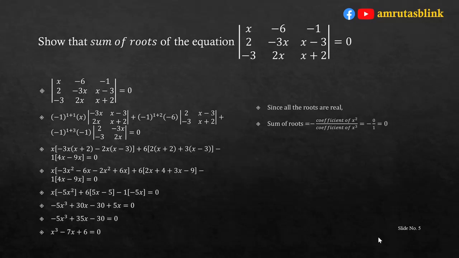Now, in the given expression there is no term of x², hence the coefficient of x² is equal to 0, that is 0 upon the coefficient of x³, which is 1. So, minus 0 upon 1 is equal to 0, and hence it is proved that the sum of the roots of the given equation is equal to 0.